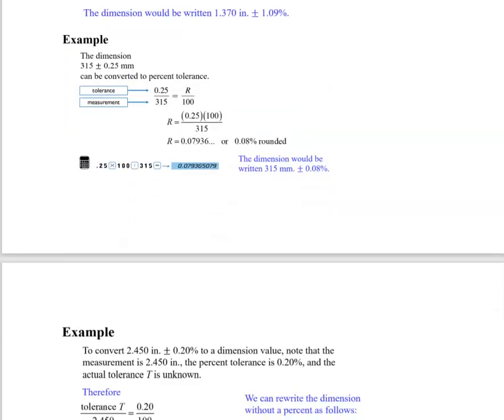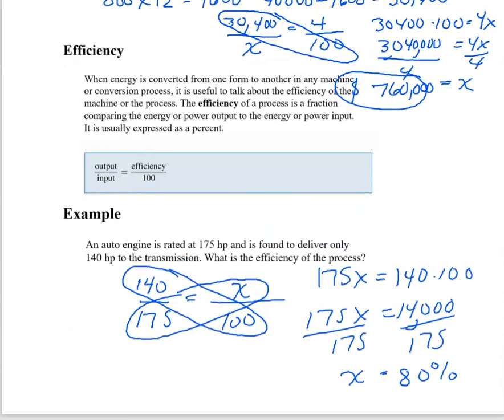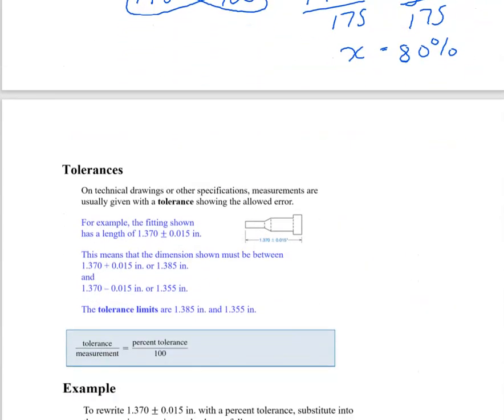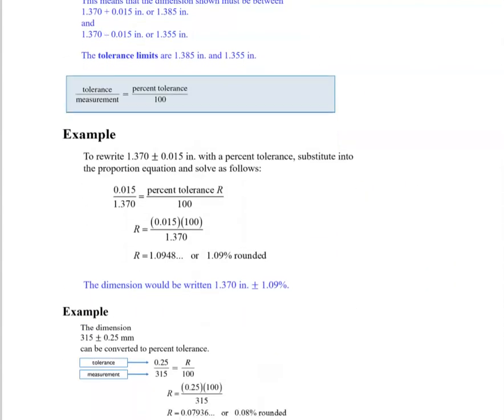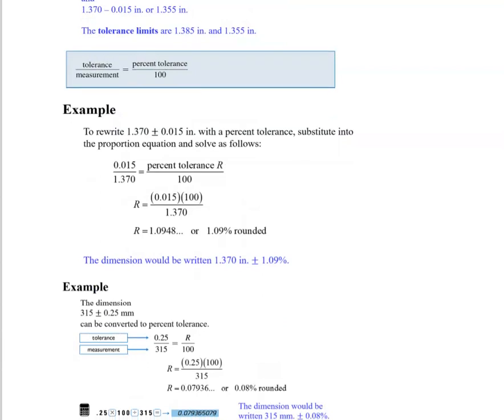So the example that we've got, to rewrite this, 1.37 plus or minus 0.015 with 8% tolerance. Substitute into the proportion equation and solve as follows.